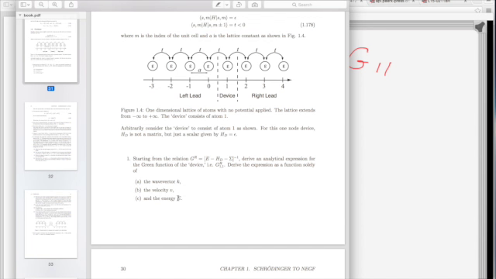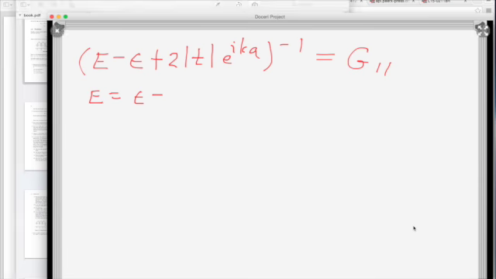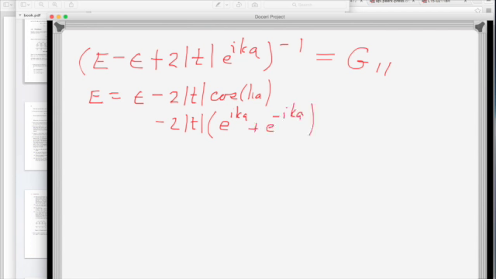So we have E is equal to epsilon minus 2 magnitude of T cosine Ka, which is minus magnitude of T, e to the i Ka plus e to the minus i Ka.